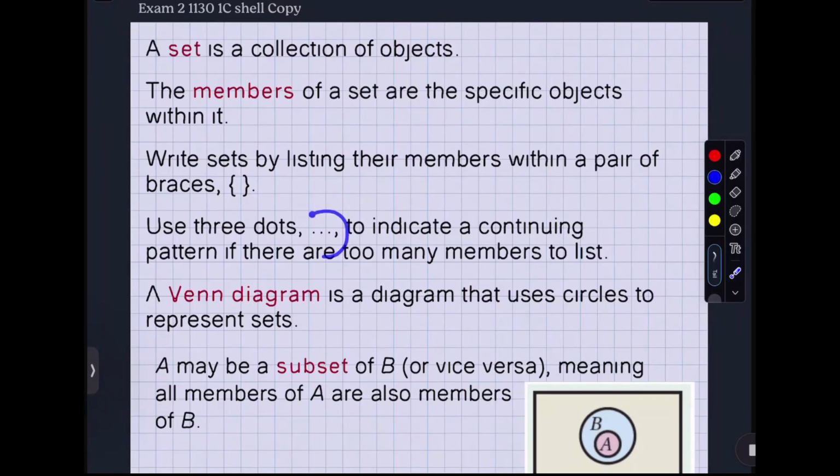The 3 dots means it goes on and on, either to the left or to the right. So if I said dot, dot, dot, 1, 2, 3, dot, dot, dot, the dots in front of the 1, 2, 3 mean the numbers coming from the left: -2, -1, 0, and then 1, 2, 3. To the right of the 3, the dot, dot, dot means it continues on: 4, 5, 6, 7, 8, 9, and so on and so forth. Okay? So that's what the dot, dot, dot means.